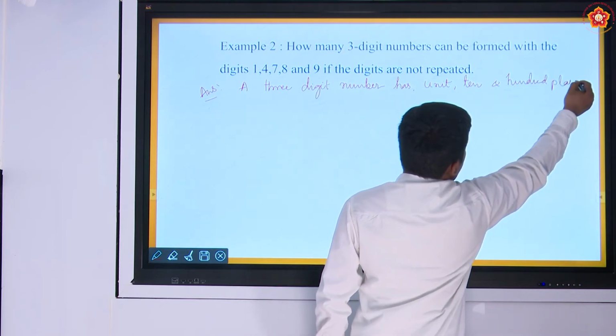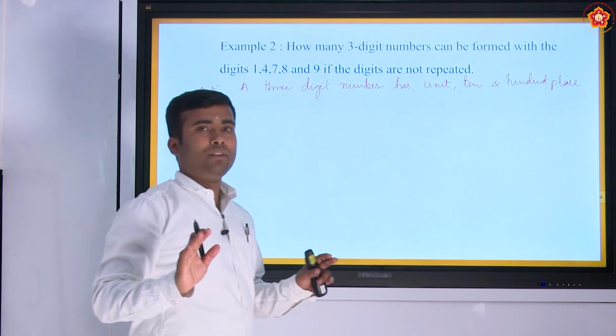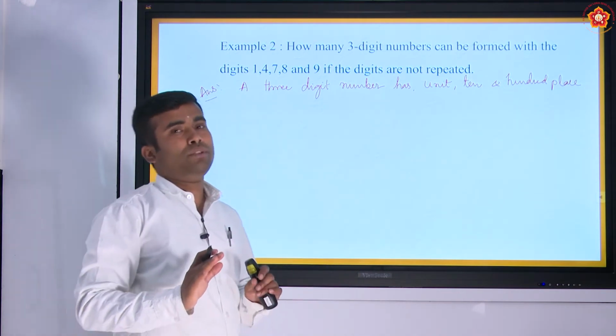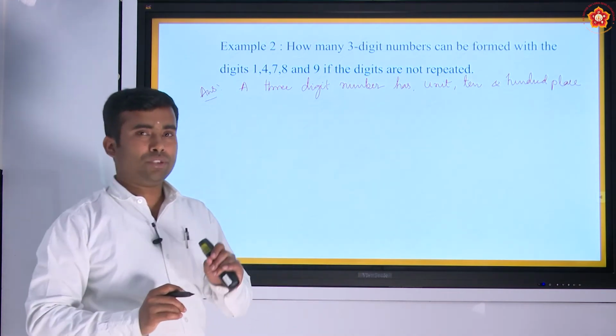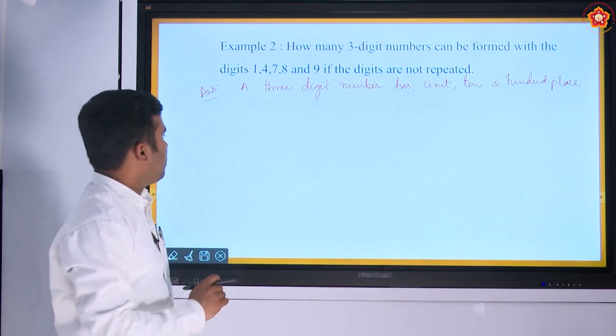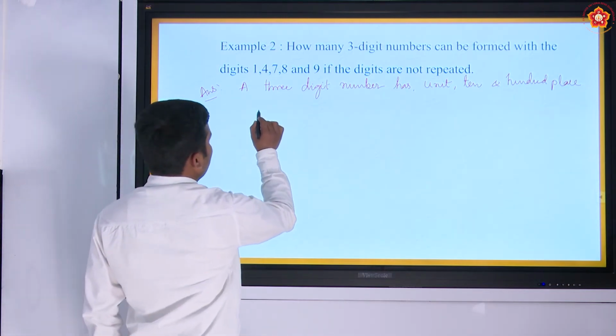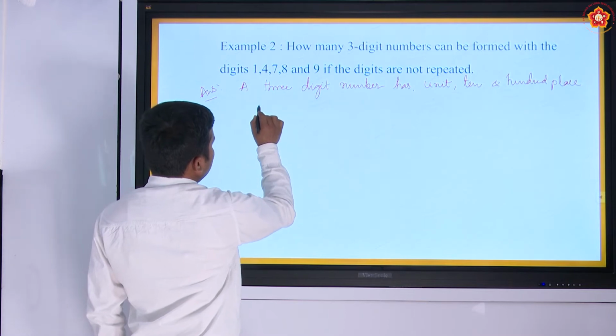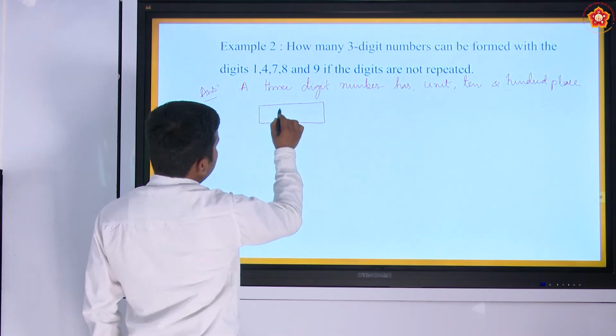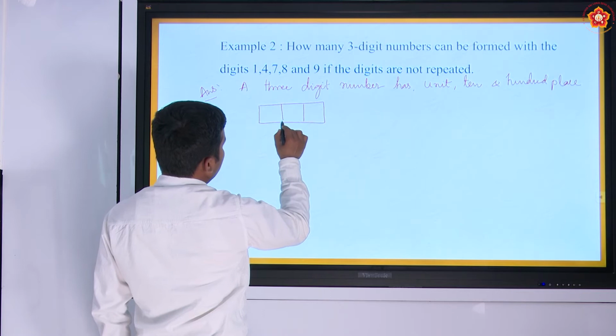Got it? So now we need to form a 3-digit number without repetition using the given digits. So there are 3 digits.